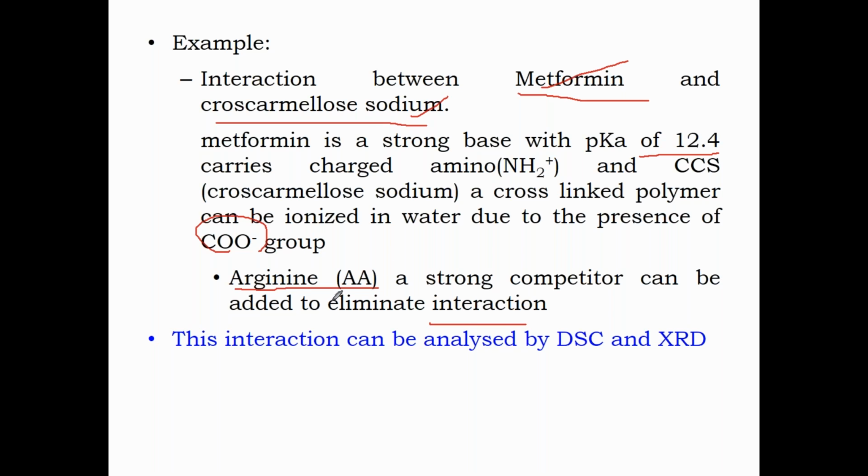So this is a decision factor. Because I knew there is an interaction happening between these two, that helped me decide that I need to add a third substance so that I can avoid the interaction. So don't you feel that it's one of the important decisions that we are making during our formulation? Of course, it is an important decision which we are making.